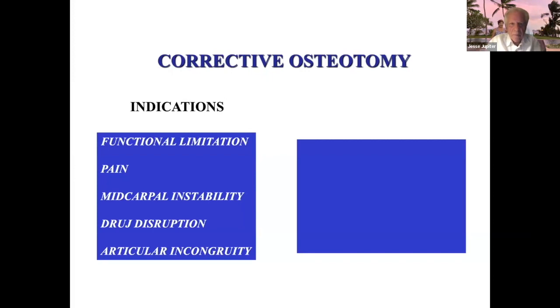Even though you may look at a modest malunion and wonder why the patient has pain, it can happen, and it's often from cartilage overload when the radiocarpal malalignment is sufficiently abnormal. As mentioned, midcarpal instability can be present by virtue of the deformity of the radius, as the radius is really the seat of the carpus. And you heard about DRUJ problems and obviously articular incongruity.